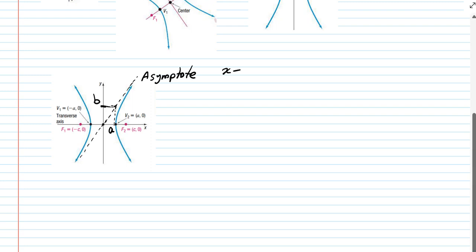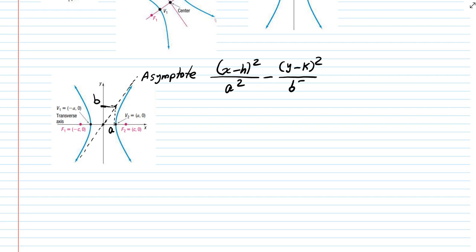The equation is x minus h squared divided by a squared minus y minus k squared divided by b squared is equal to 1. Remember, for the ellipse, the minus was a plus. If you change that plus to minus, then the conic section becomes a hyperbola. And again, this is the one whose transverse axis, TA, is horizontal.